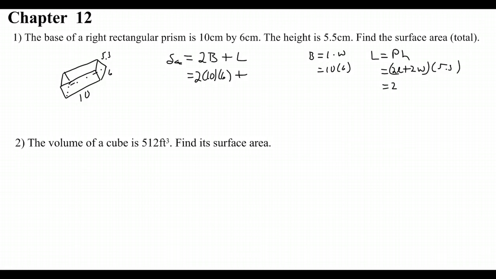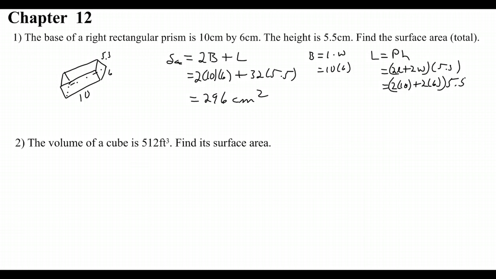So in this case, that is 2 times 10 plus 2 times 6, all multiplied times 5.5. So what we get is 32 times 5.5. So altogether, this comes out to be 296 square centimeters.